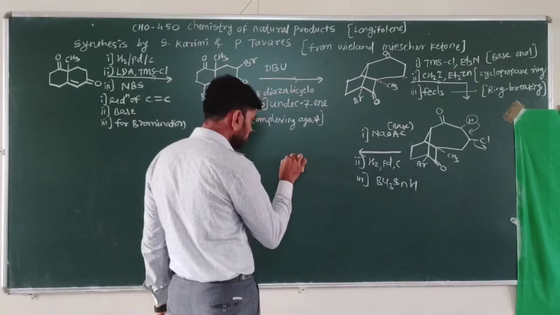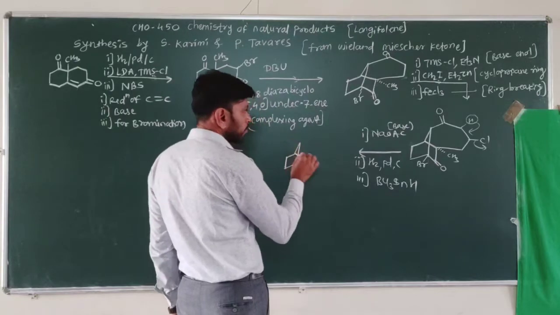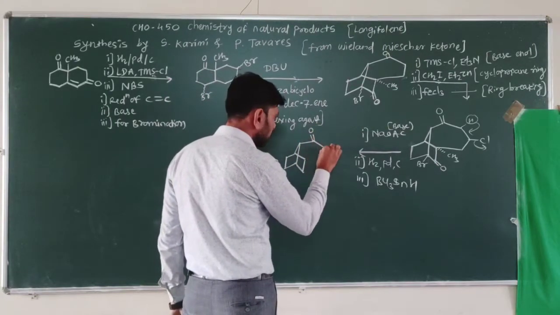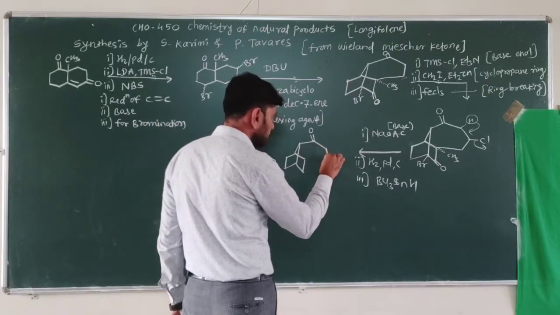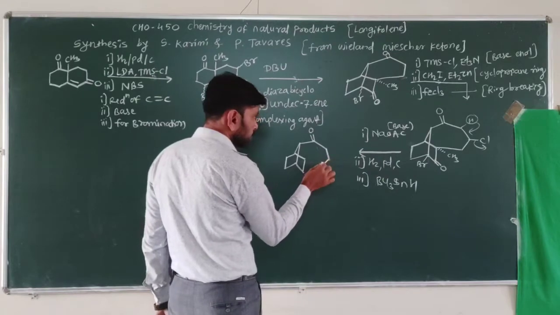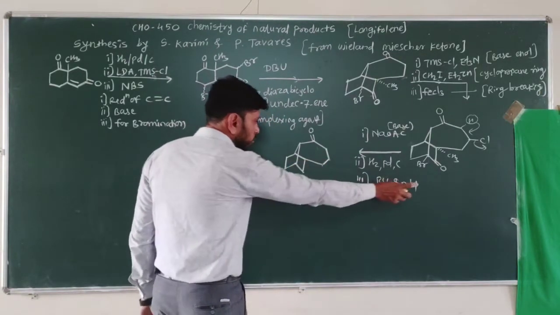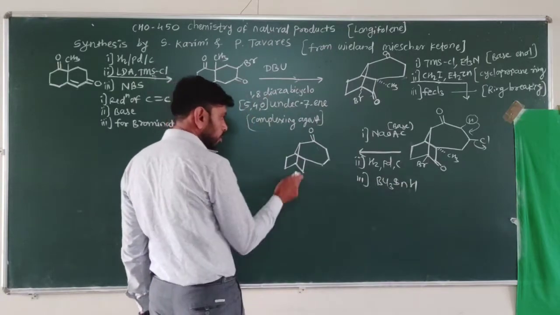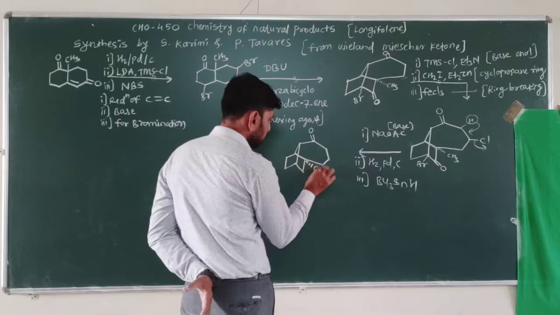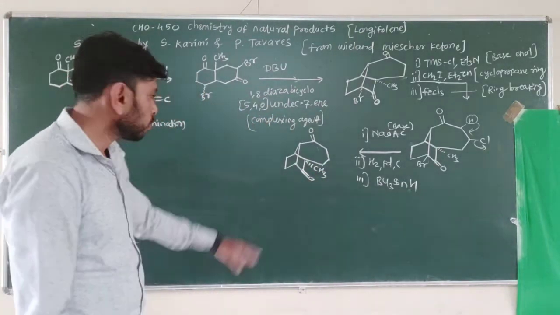The ultimate product of the reaction is, the double bond O remains as it is. This double bond is formed, but this can be reduced by using this reagent. This Br is removed from here, and hydrogen attachment is there by using tributyltin hydride. This CH3 remains as it is, and this C double bond O is there.